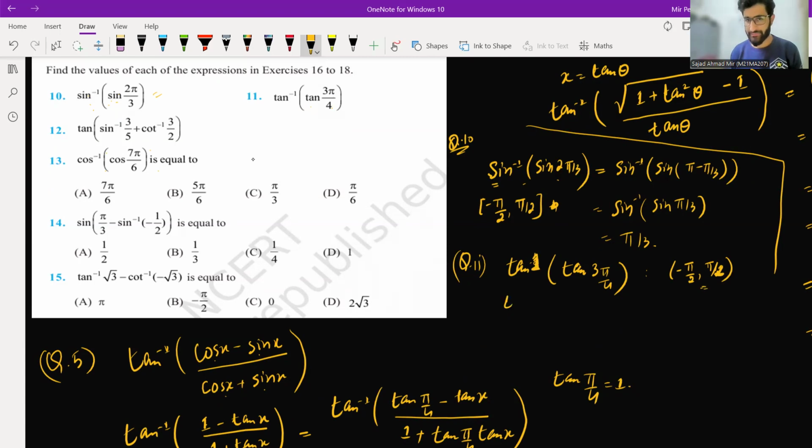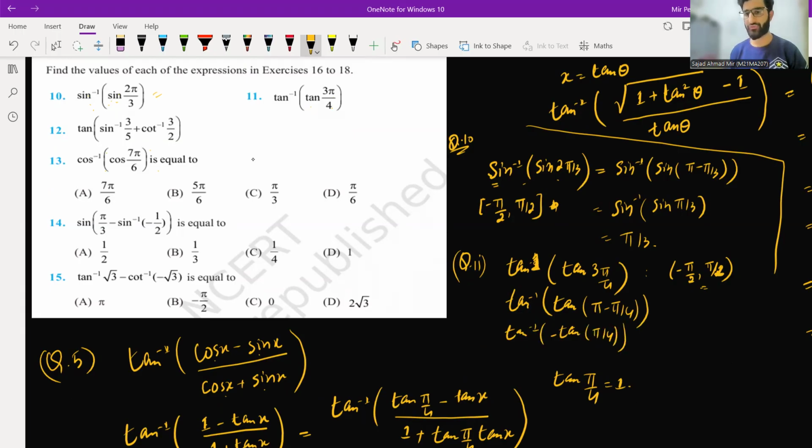We can write this, if we write a bit bigger, as tan inverse of tan of pi minus pi by 4. This will be tan inverse of minus tan of pi by 4.